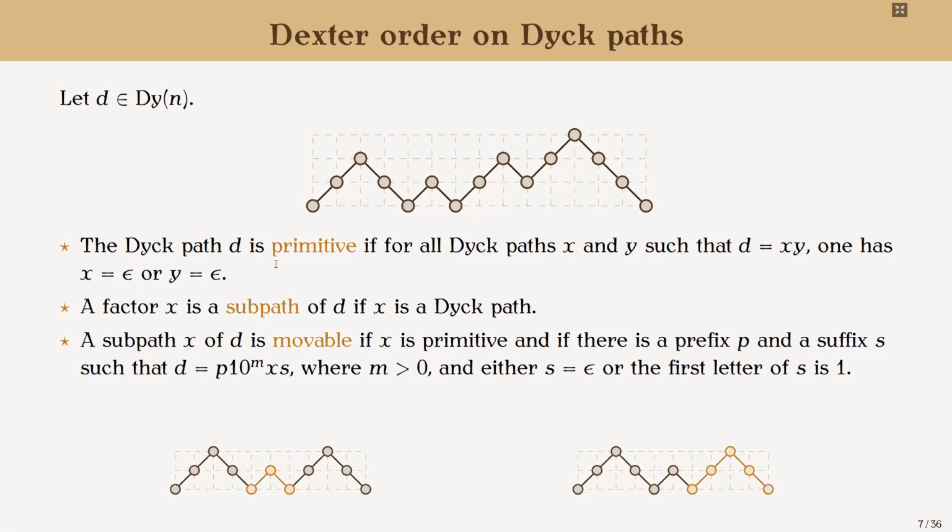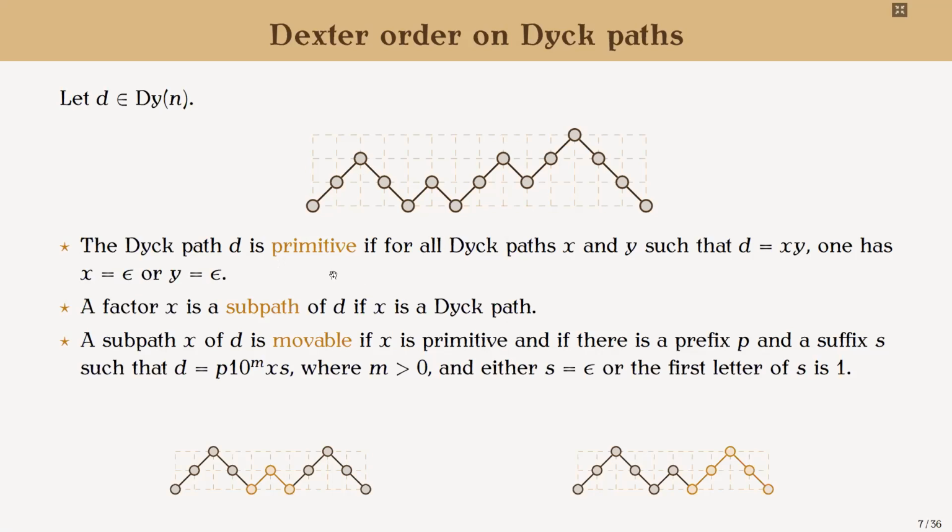First of all, a Dyck path is said to be primitive if we cannot obtain this Dyck path by concatenating two non-trivial Dyck paths. This is not the case of this example. This is not a primitive element because we can, for instance, here concatenate this path with this one here.